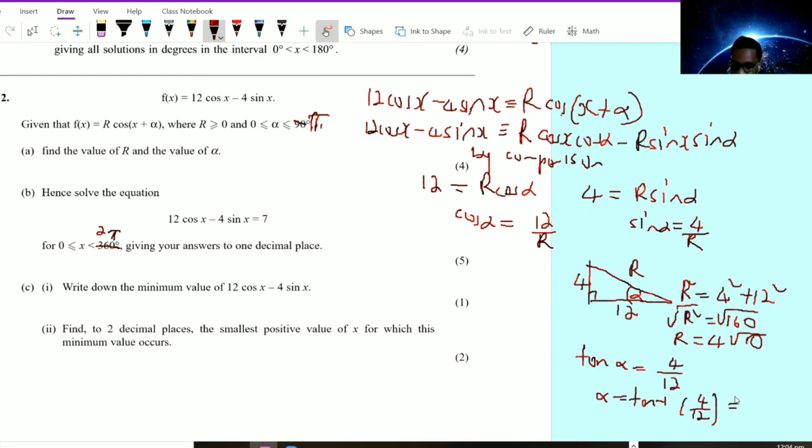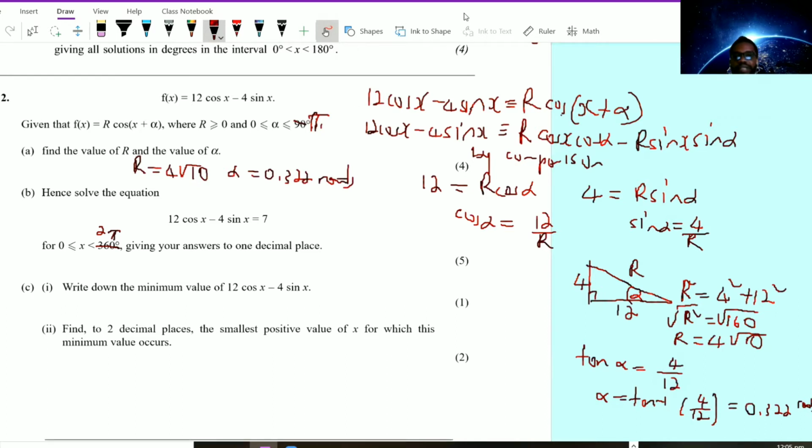This would be 0.322 rads. So r is equal to 4 root 10, and alpha is equal to 0.322 rads. All right, so that part is good to go.